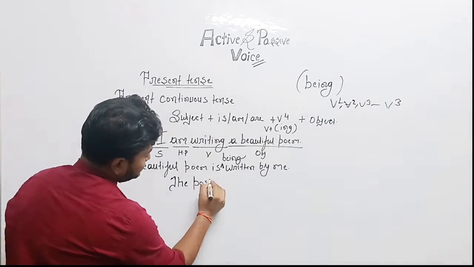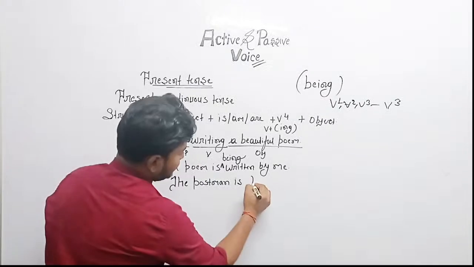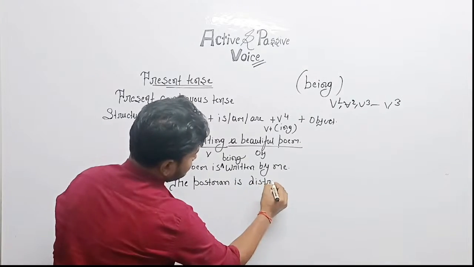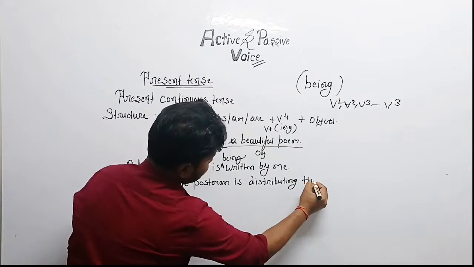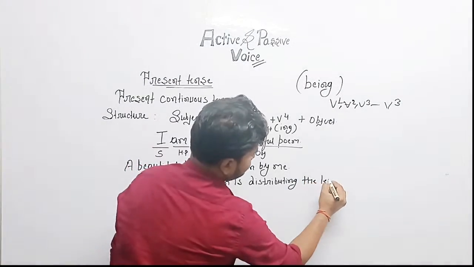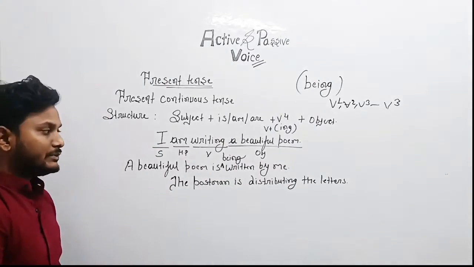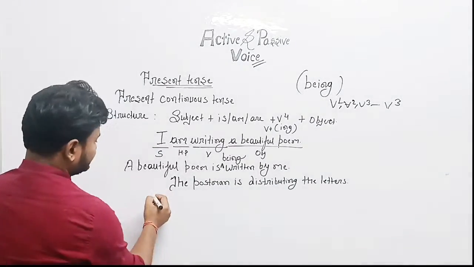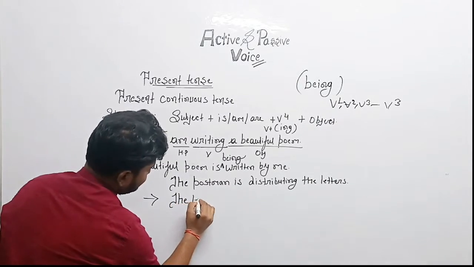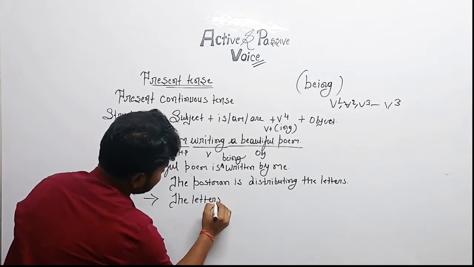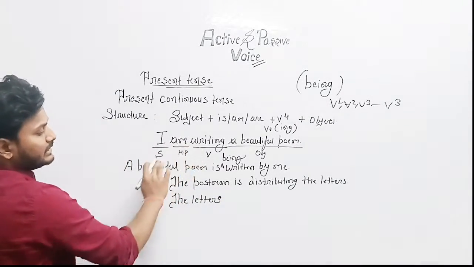The postman is distributing the letters. The postman is distributing the letters. Convert this. The letters. Now see here, we are talking about letters. It means more than one letter. So here it will be "are".